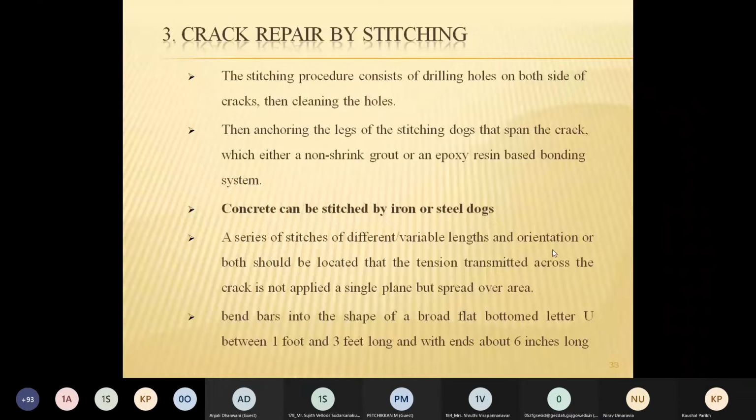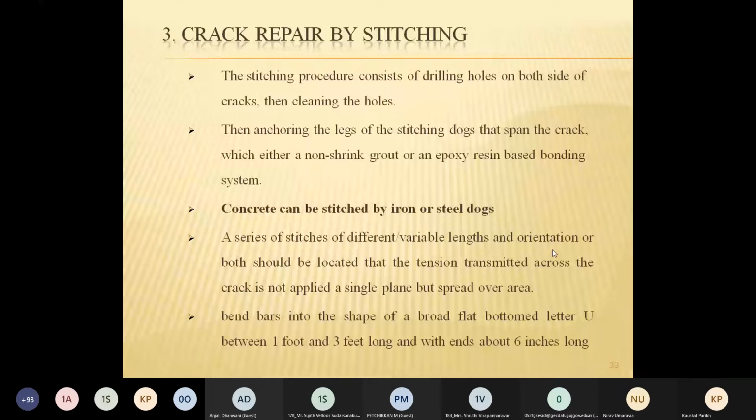The stitching procedure consists of drilling holes on both sides of the crack and cleaning the holes. Then anchoring the legs of the stitching dogs, which span the crack, with either non-shrink grout or epoxy resin as the bonding system. So here also we can use a clip-like system to apply the stitching process.